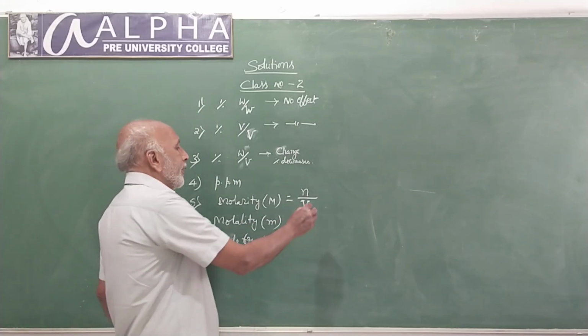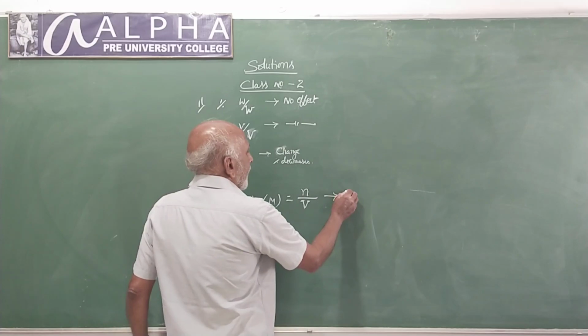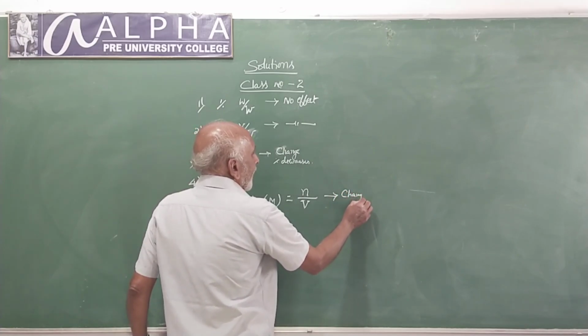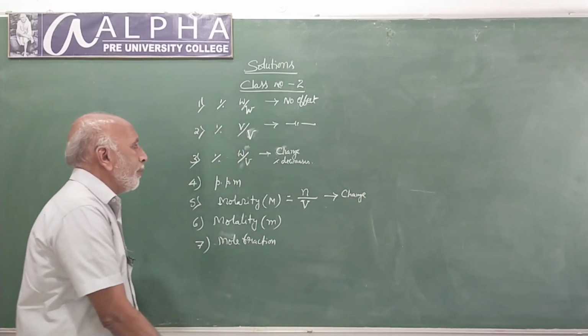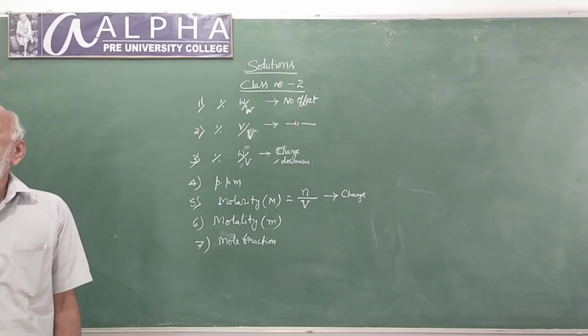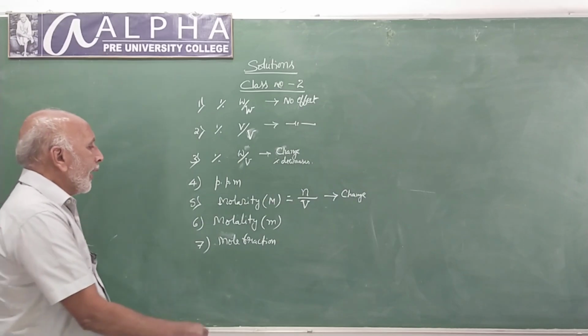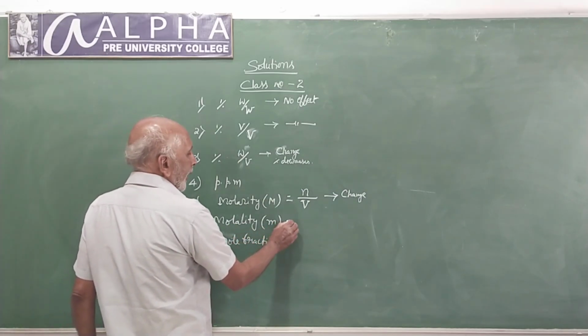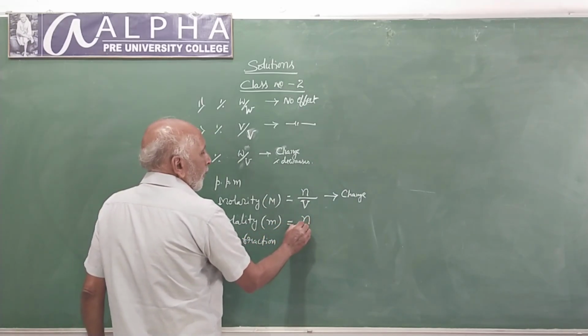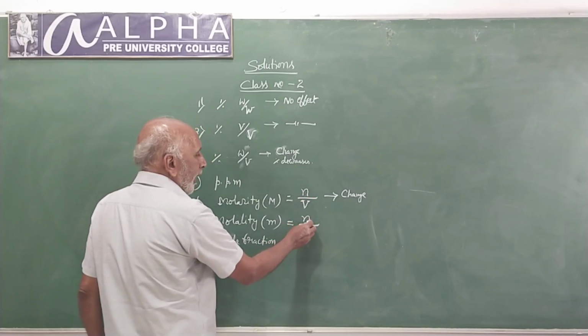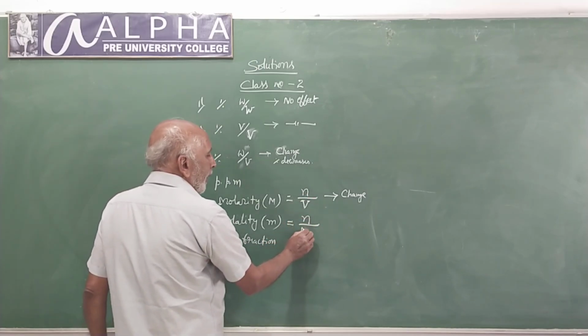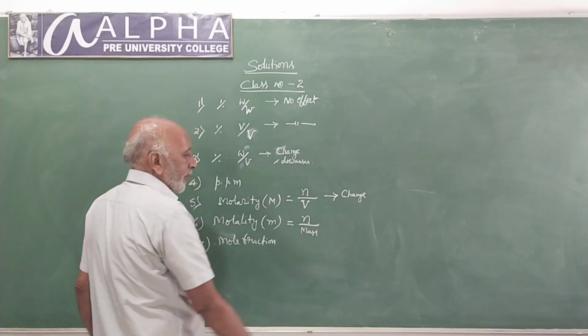Okay. So here you can say change occurs. That means on rising the temperature, concentration, that is molarity, decreases. Here molality is once again number of moles of solute by total mass of the solution.